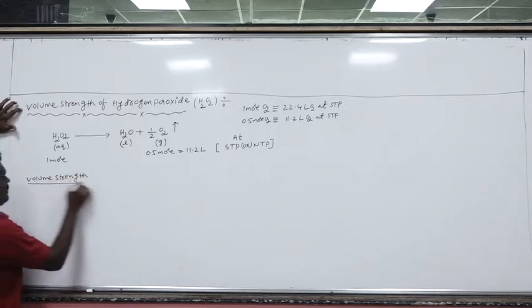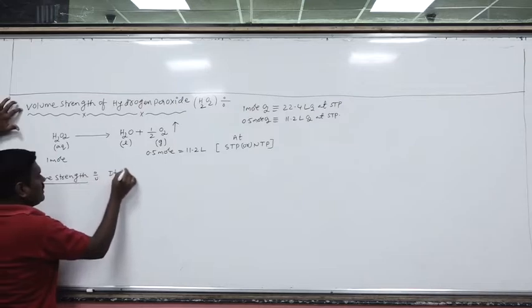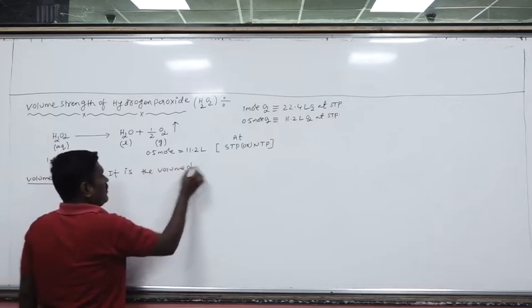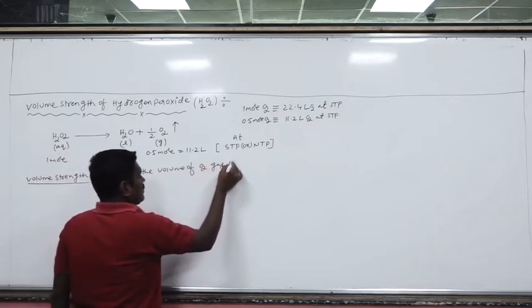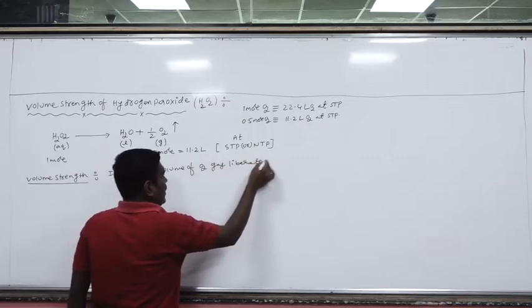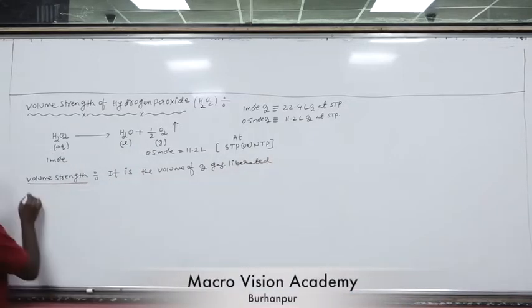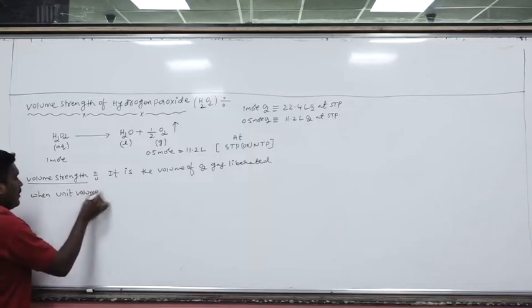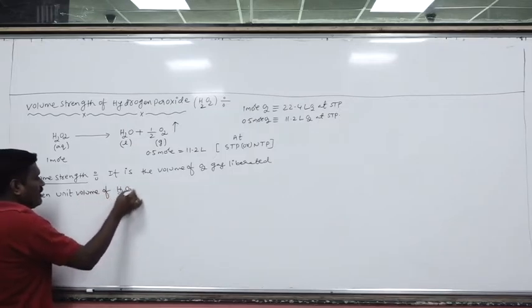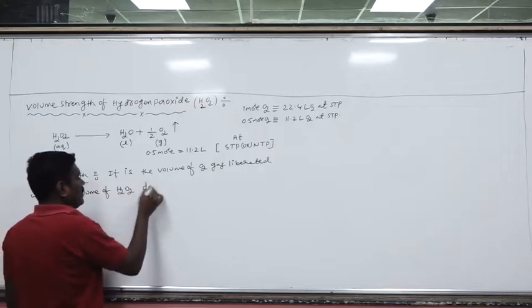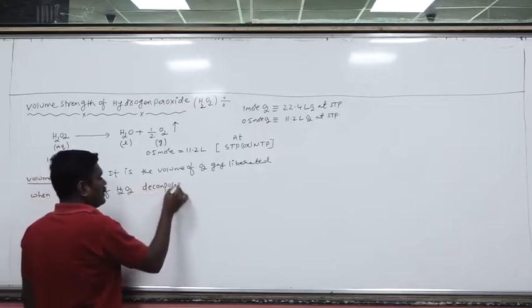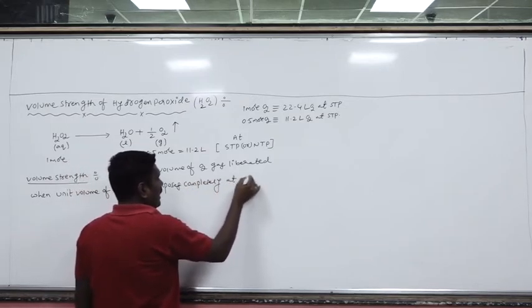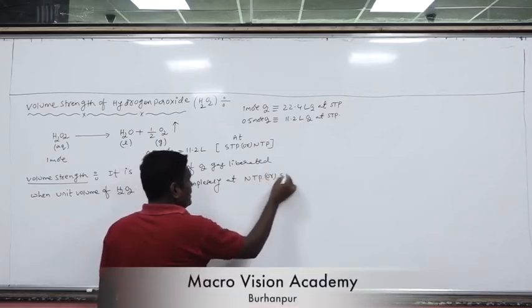Volume strength is the volume of oxygen gas liberated when unit volume of hydrogen peroxide decomposes completely at NTP or STP.